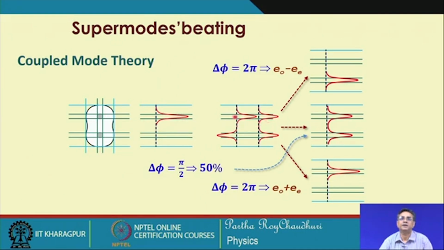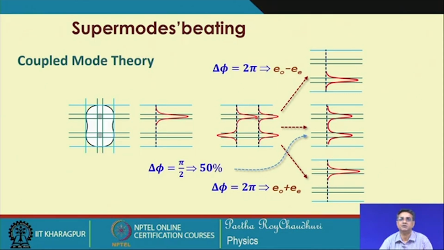If we take z equal to 0, the phase difference between these two modes, because this mode has a slightly lesser propagation constant and this has a slightly more propagation constant, so the velocity of this mode will be more than the velocity of this. So, there will be a phase difference between these two, but at z equal to 0, at the starting point, the phase difference is 0.